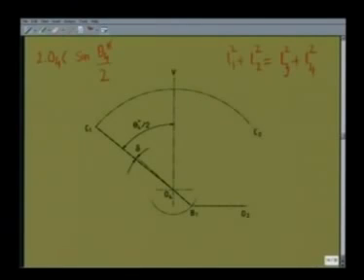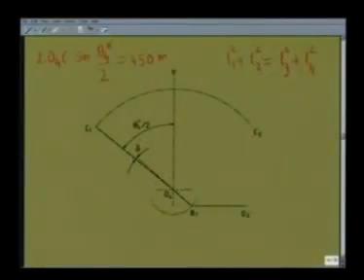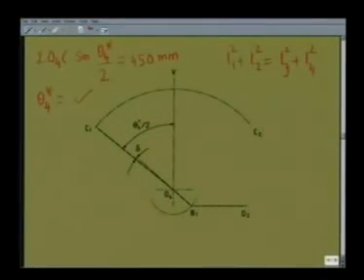This has been specified as 450 millimeter. The length O4C has not been changed, so we had it already given in the design. So, substituting that value of O4C, I can find theta 4 star. So, we determine theta 4 star from this equation with the given value of O4C.